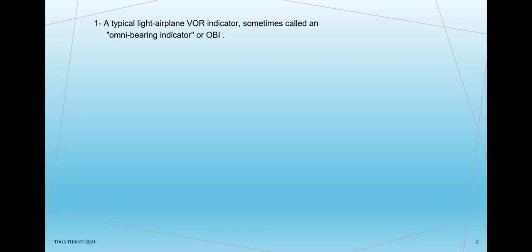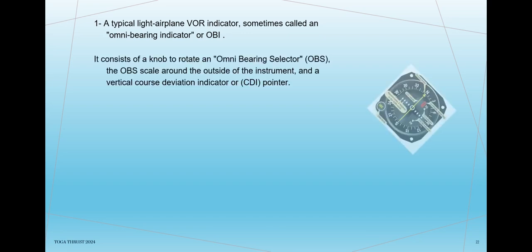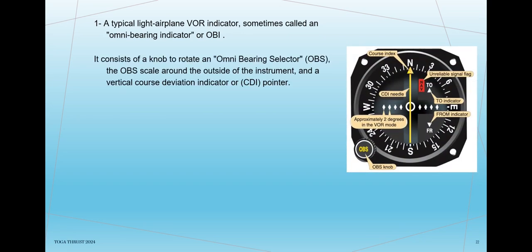1. A typical light airplane VOR indicator, sometimes called an omni-bearing indicator or OBI. It consists of a knob to rotate an omni-bearing selector, OBS, the OBS scale around the outside of the instrument, and a vertical course deviation indicator or CDI.